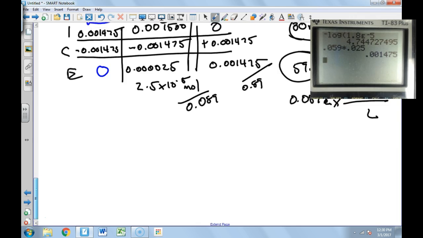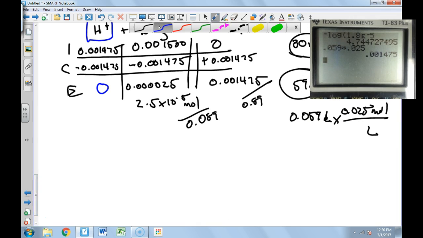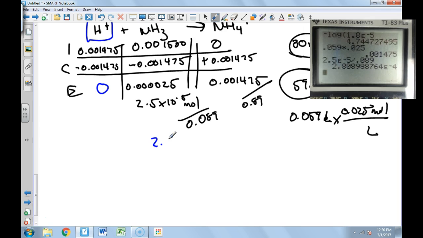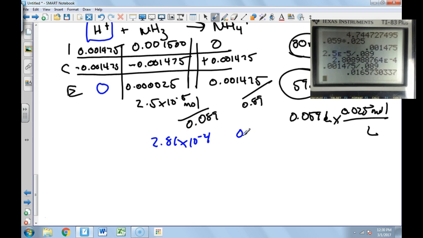Okay, so now change color, because we're going to need those two things. 2.5 times 10 to the negative 5 divided by 0.089, and that equals 2.81 times 10 to the minus 4, and then this is 0.001475 divided by 0.089, and this is 0.0166.